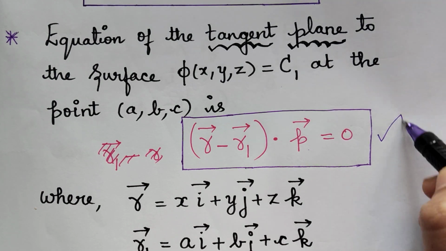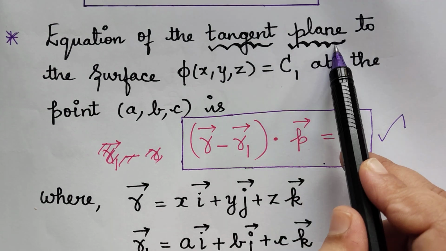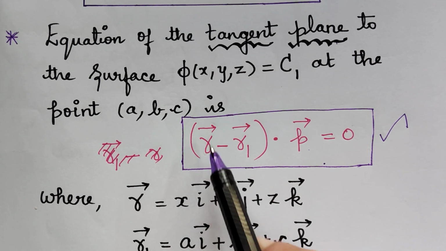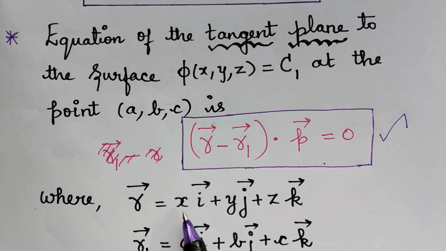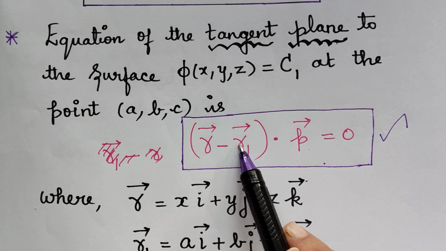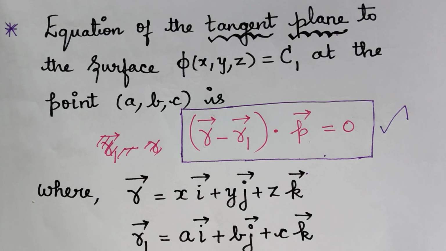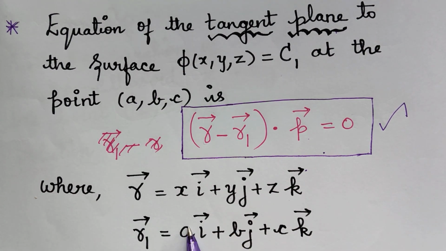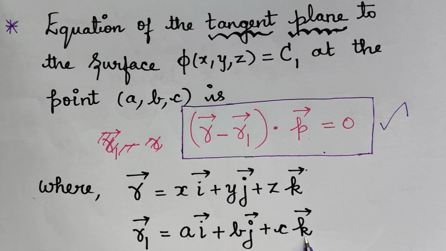So this gives us the equation of the tangent plane. Now what is the r vector over here? It is the position vector given by x i vector plus y j vector plus z k vector. And r1 vector is the vector obtained from the given point, that is a i vector plus b j vector plus c k vector.